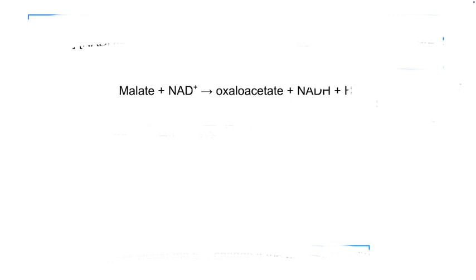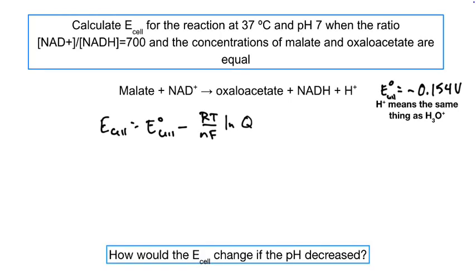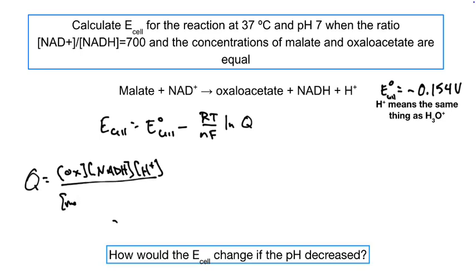Okay, so if we just go based off of how we know to calculate Q, Q is your products over your reactants, so we get the oxaloacetate. Nobody wants to write out oxaloacetate, that's fine. NADH, H plus, right? All over the concentration of malate, no one wants to write that out, NAD plus, and that was it, right? Right.